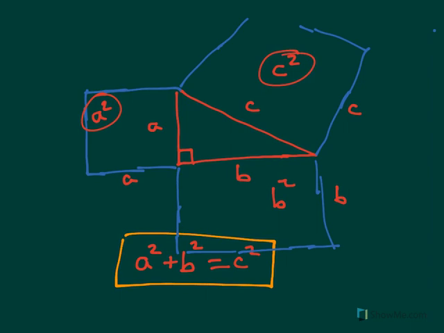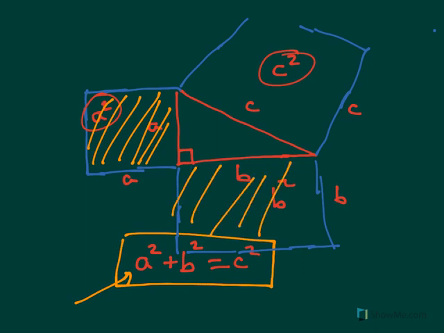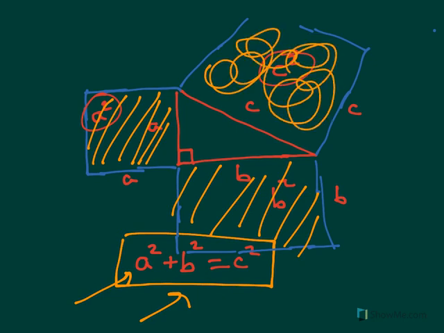What the Pythagorean theorem is actually saying is that this area, so A squared, which is right here, the area of square A squared, plus the area of square B squared, is always going to fit exactly into the area of square C. So this square plus this square will equal the area of the square on the hypotenuse.